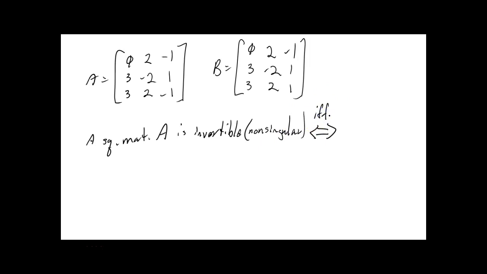Both of those mean if and only if, the determinant of A is not equal to 0. If you have a square matrix and its determinant is anything other than 0, you can invert it. It does have an inverse. But if its determinant is 0, it does not. The if and only if doesn't just go one way, it goes both ways. No way it will have an inverse.